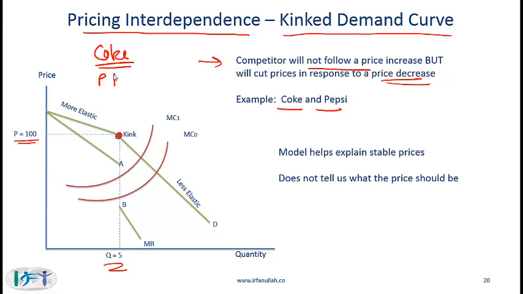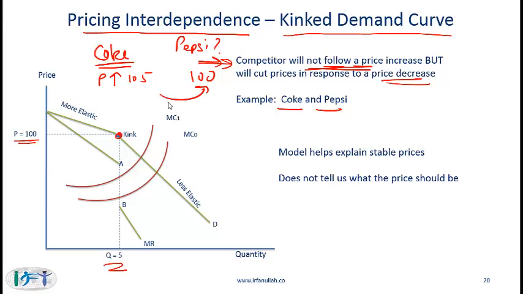If Coke increases its price from 100 to say 105, what will Pepsi do? According to what we see over here, Pepsi, which is the competitor, will not follow a price increase. So Pepsi is still at 100. What will most consumers do?